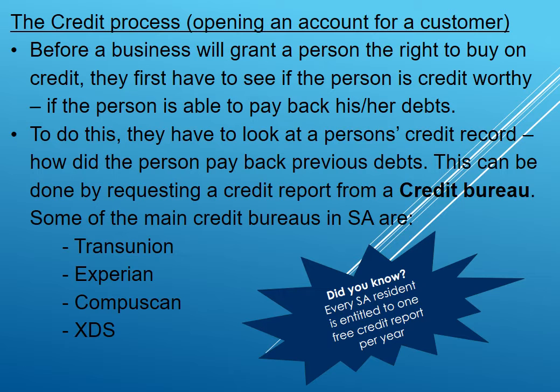The main ones are TransUnion, Experian, CompuScan, or XDS. So obviously with the client's permission, you can draw a credit report. It's one of the requirements of the National Credit Act that you do that as a business owner. And from there, you'll be able to see if this person is credit worthy and how he or she has managed other accounts with other stores.